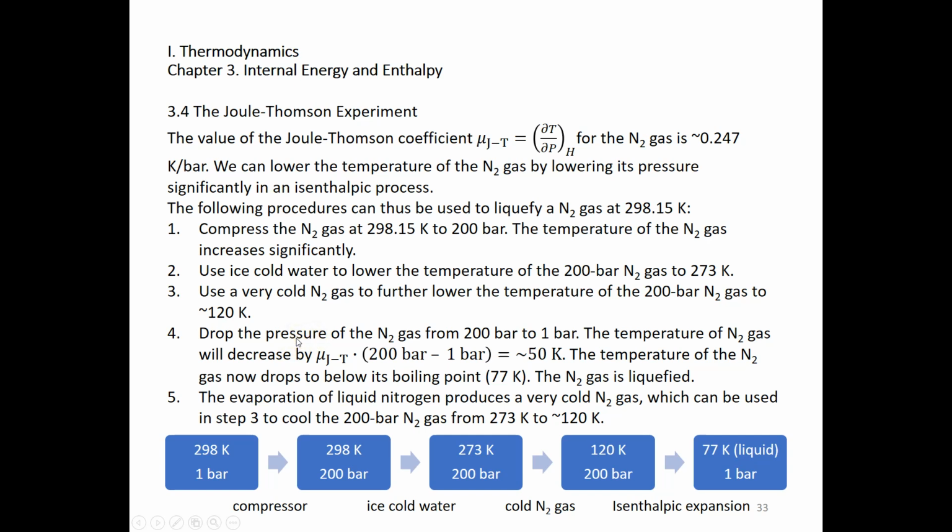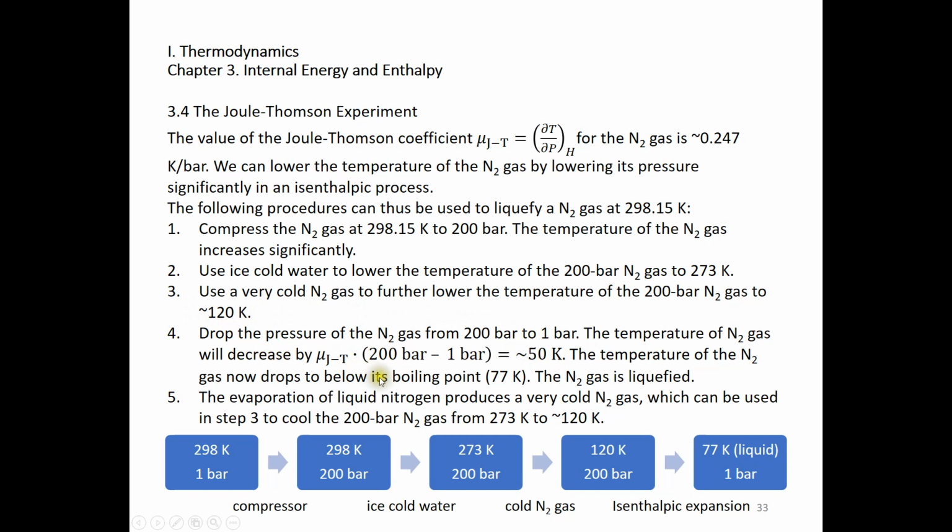We allow the pressure of this gas to drop from 200 bars to 1 bar. Therefore, the temperature of this nitrogen gas will drop correspondingly by this much. It's just this ratio, 0.247 times the pressure change, which is roughly 50 K. Remember, we had 120 K and then we drop another 50 K. It's going to be 70 K.